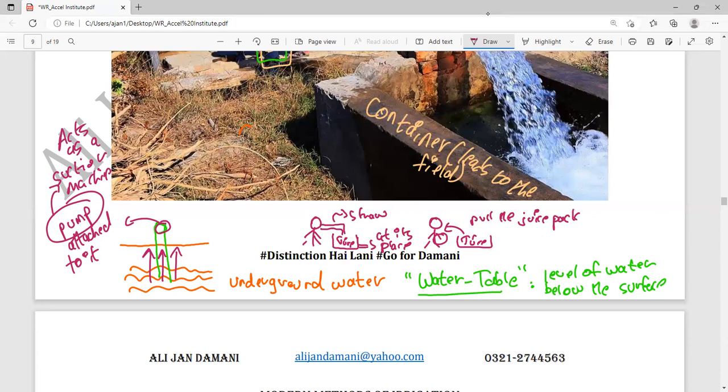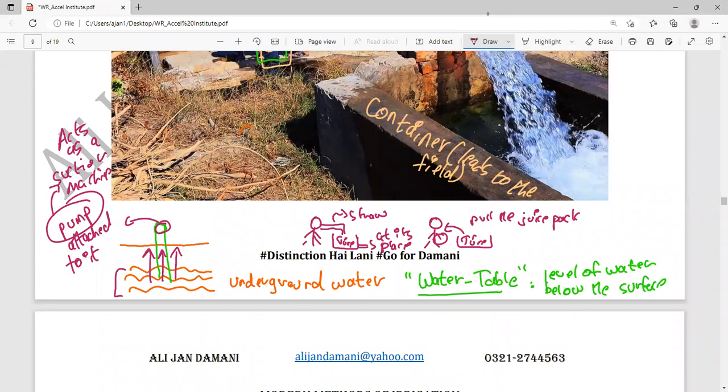Okay, so now can you tell me which situation correlates to tube wells? Do tube wells bring the water level up, or does the tube well keep the water table at its place while the suction machine just sucks the water up? No, I think it's number one.